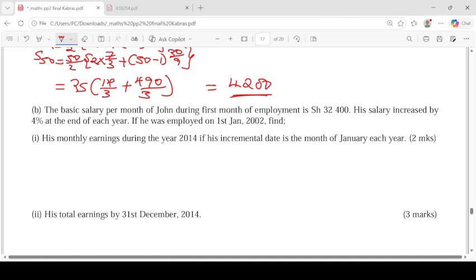So here we are going to apply the AP such that the sum of n terms should be given by a into 1 plus r over 100 to the power of n.